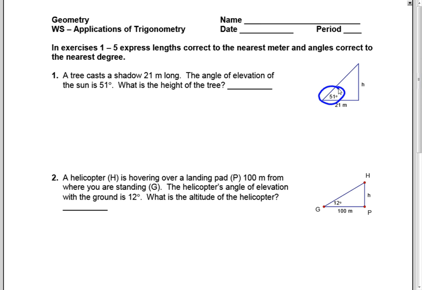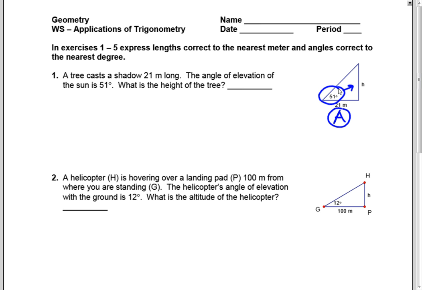Leah, let's continue. You said label. What would I label the H as? I took the 21 meters as A. Adjacent. And the H?